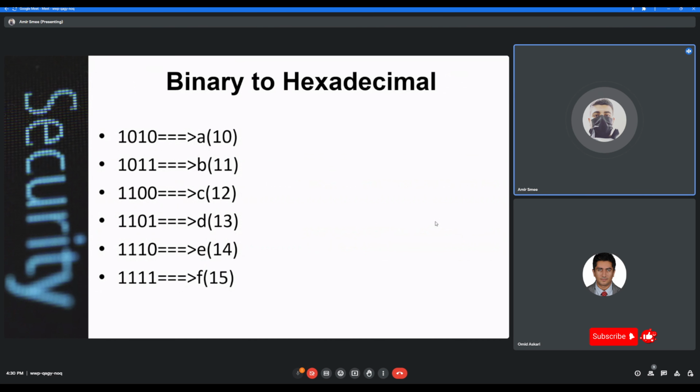Note that in hexadecimal, whenever the numerical value of each of the 4 bits equals 10 or greater, we use letters instead of numbers. As you can see in the picture, we use the letter A instead of 10, B instead of 11, C instead of 12, D instead of 13, E instead of 14, and at the last we use F instead of 15.